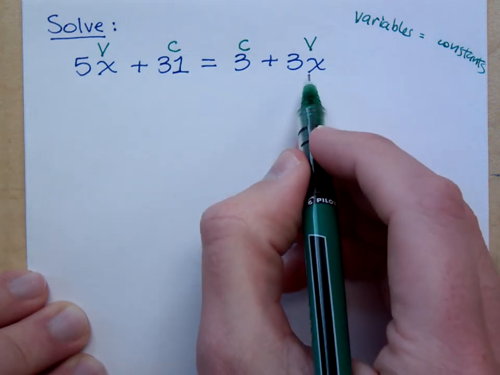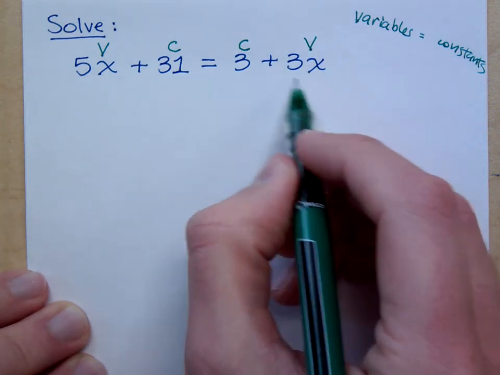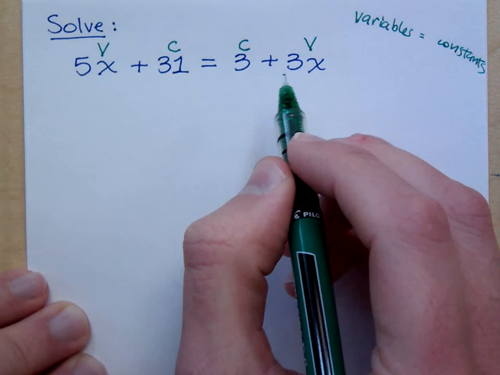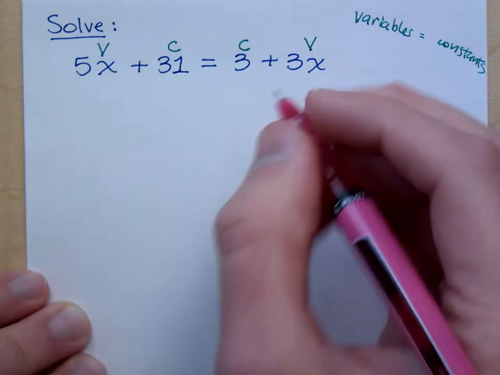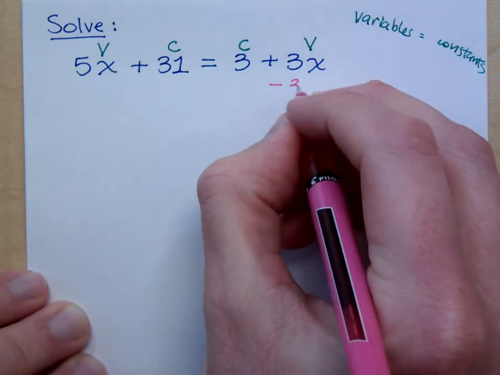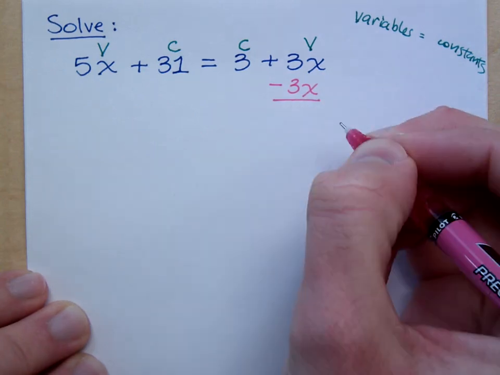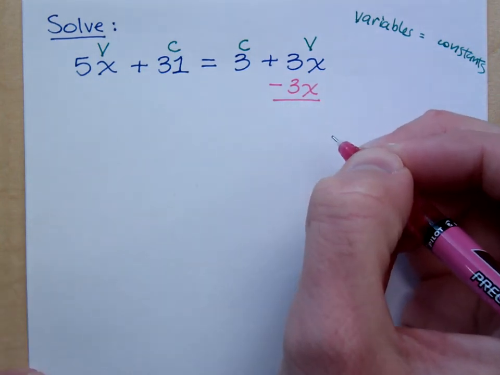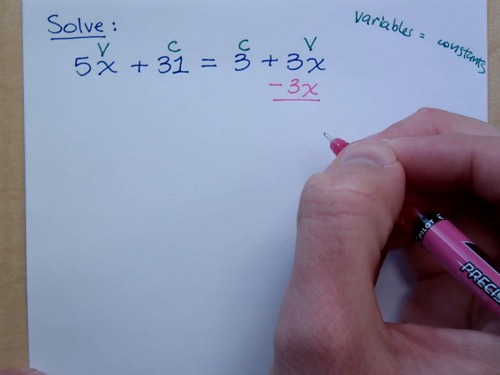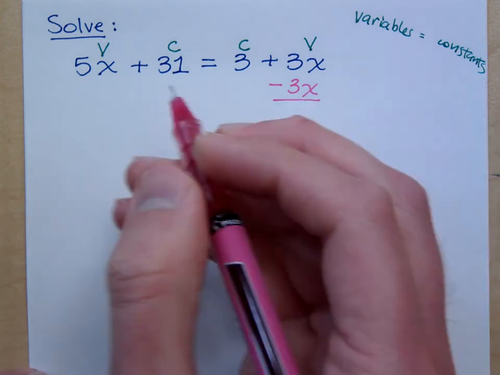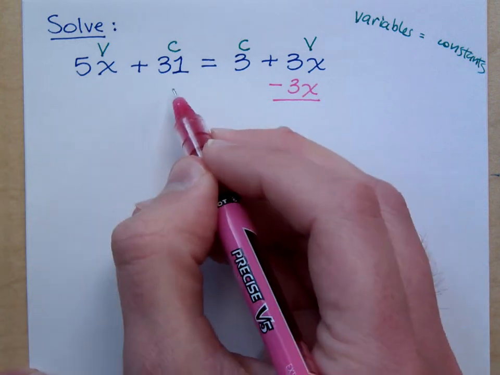So here's this guy. How can I move this guy to the left side? I'm going to subtract 3x, right? So if I subtract 3x on the right side, that changes the problem unless I also do what? Subtract 3x on the other side. Now, if I subtract 3x, where should I put that if I'm doing this column format?